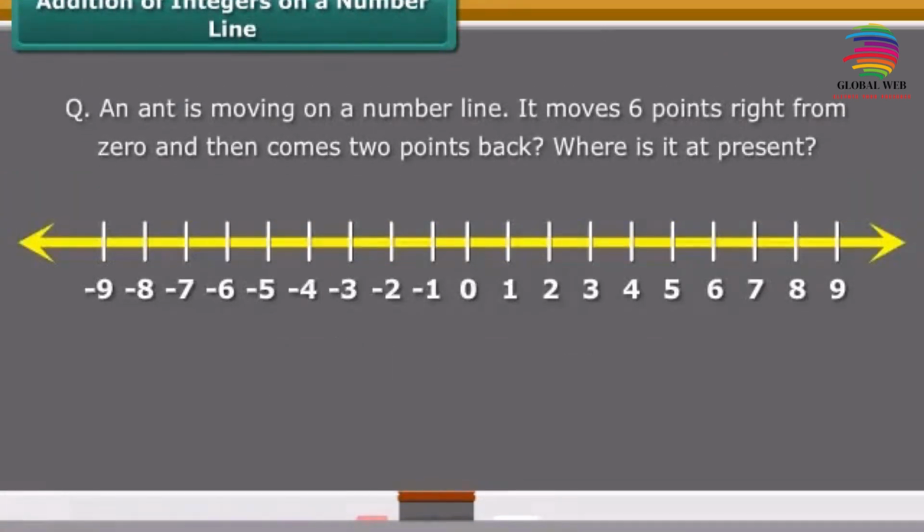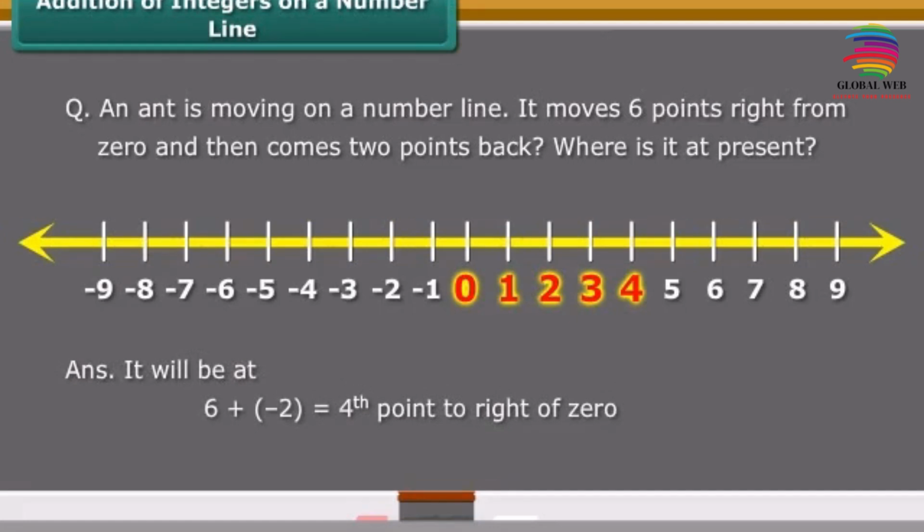An ant is moving on a number line. It moves 6 points right from 0 and then comes 2 points back. Where is it at present? It will be at 6 plus (-2) is equal to 4, the 4th point to the right of 0.